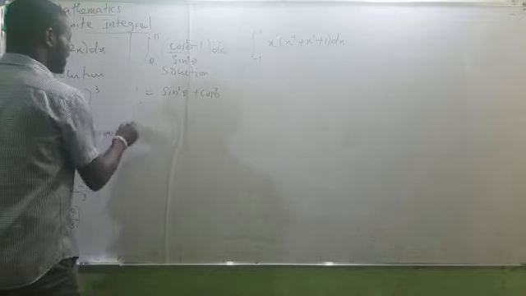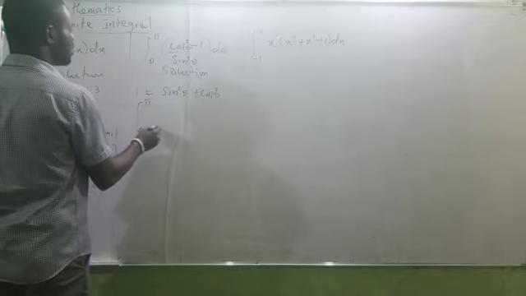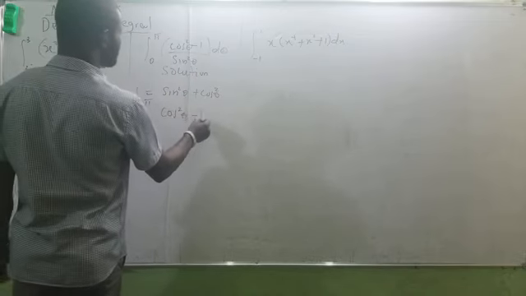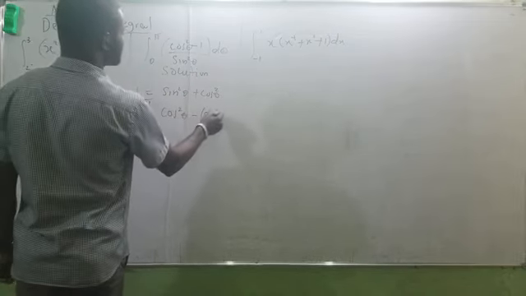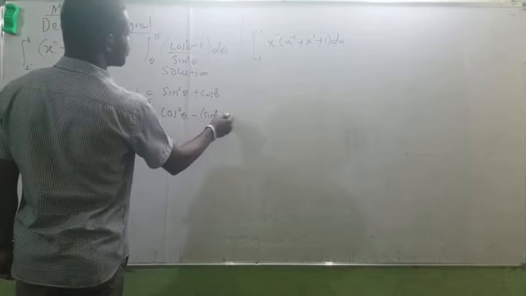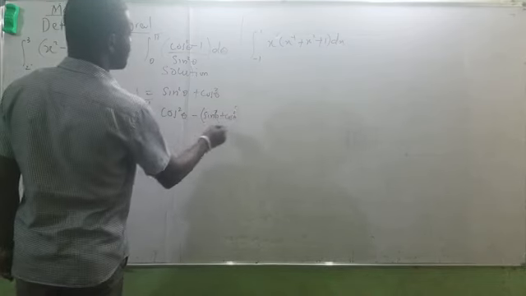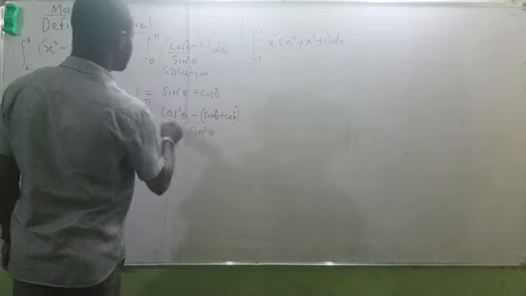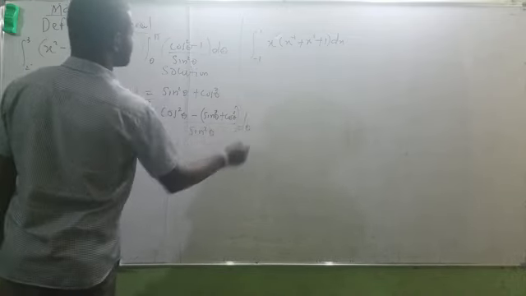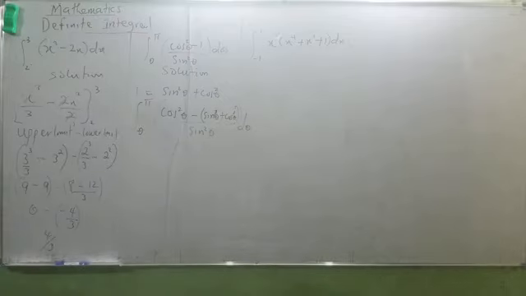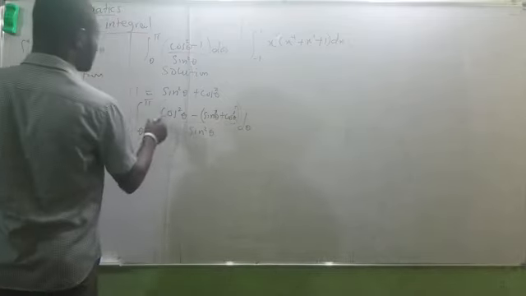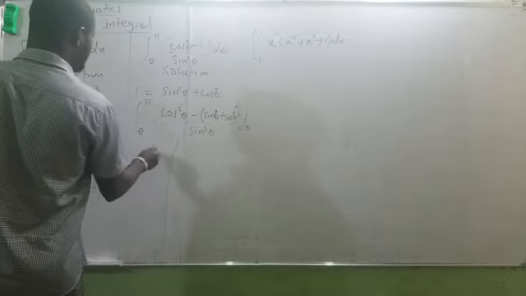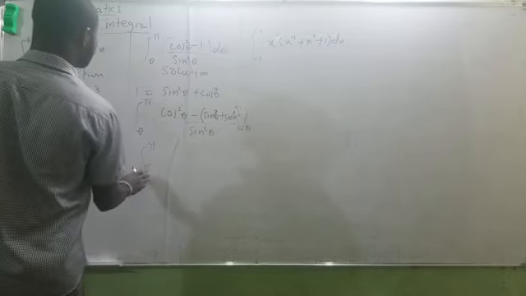Now, it means I can say that the integral of cos squared theta minus bracket of sine squared theta plus cos squared theta bracket all over sine squared theta, with respect to theta. Now, we cancel this and are left with the integral of 0.